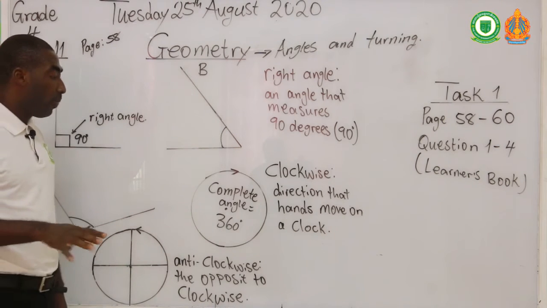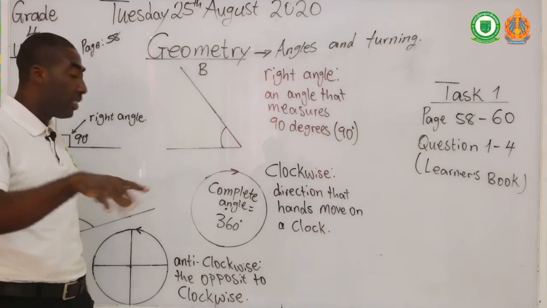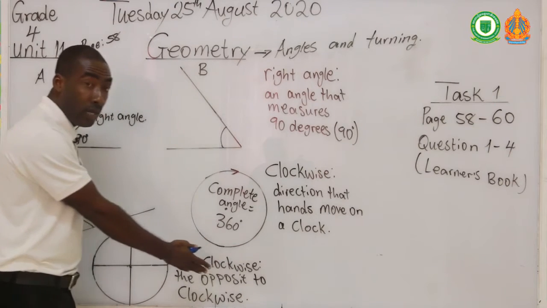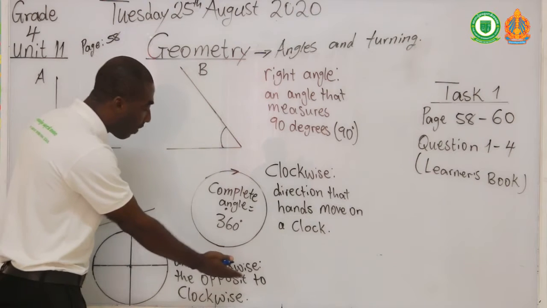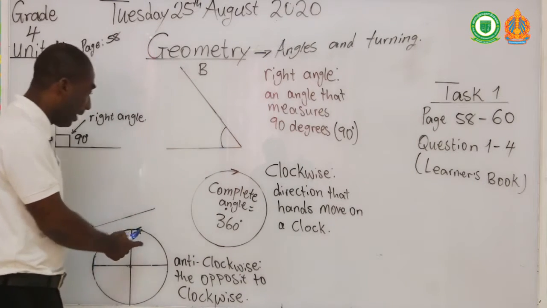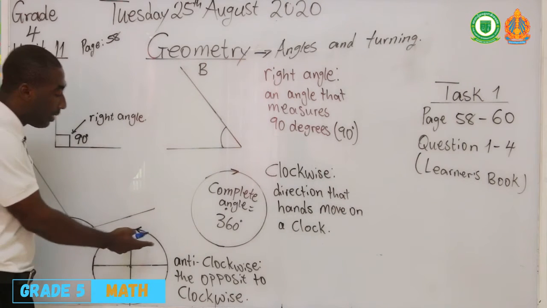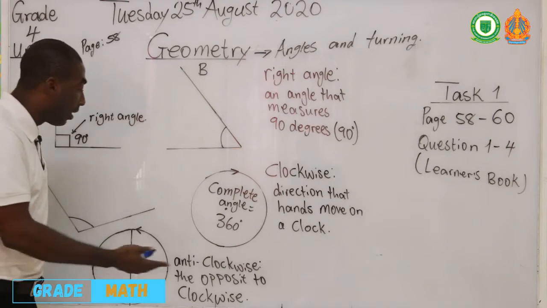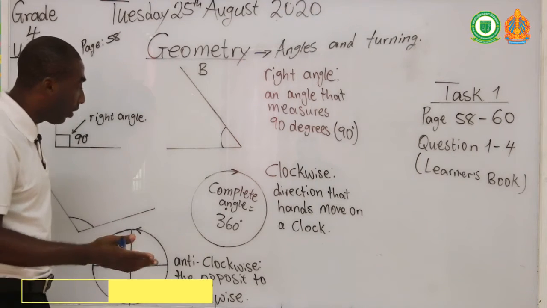The same way, if it's going in the opposite direction, then it is called anti-clockwise, okay? So when it is anti-clockwise, it means it is going from right to left. And this is the arrow that shows that the direction of the angle is going in an anti-clockwise direction, okay?